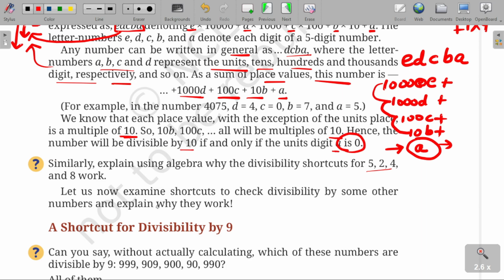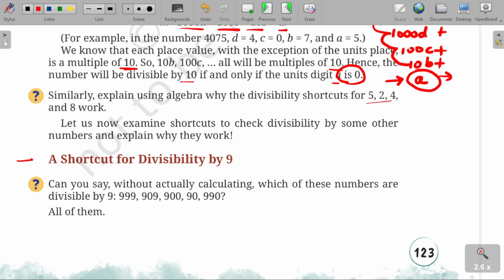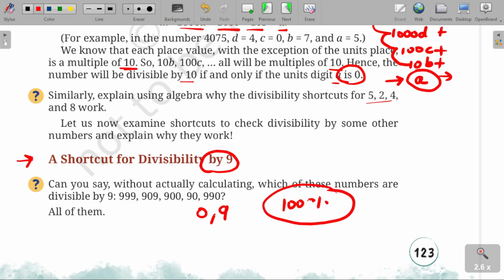Now let us examine shortcuts for this. Now we are moving to the shortcut for divisibility by 9. Now you must know that any number made with a combination of 0 and 9 is 100% divisible by 9. Why?